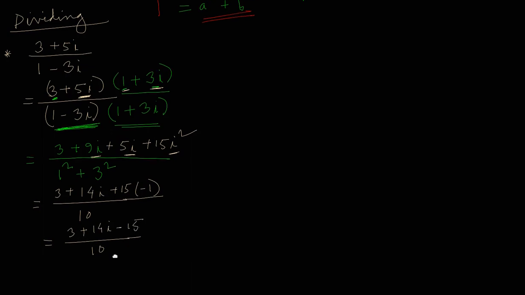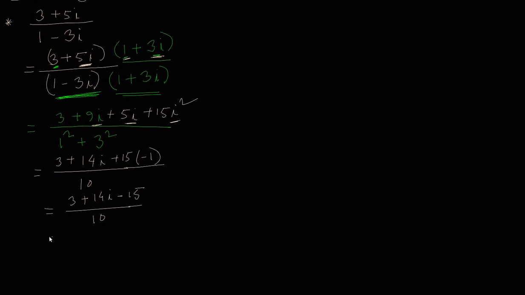3 minus 15 is negative 12, plus 14i over 10. So it is negative 12 over 10 plus 14 over 10i.